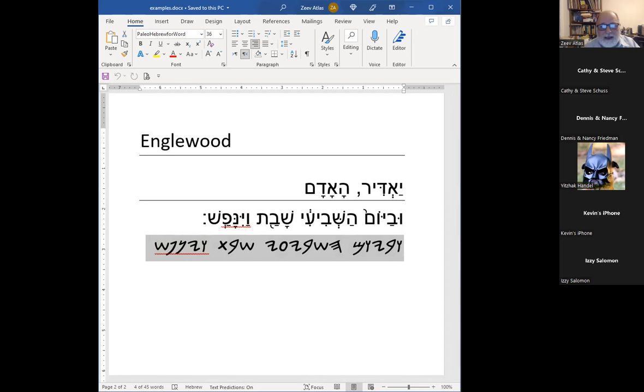Okay, so, there is one more type of dagesh, which I didn't demonstrate, which is in the hey, in the end of the word, if we want to hear the hey. It could be in aleph as well, but that's very rare.